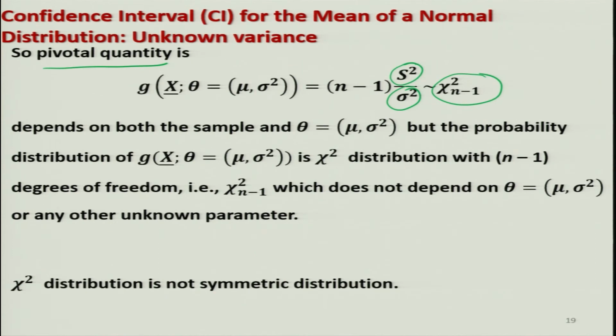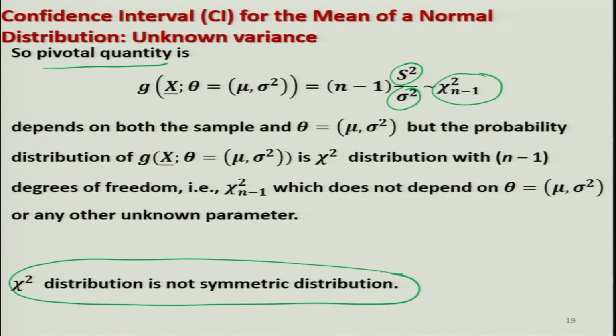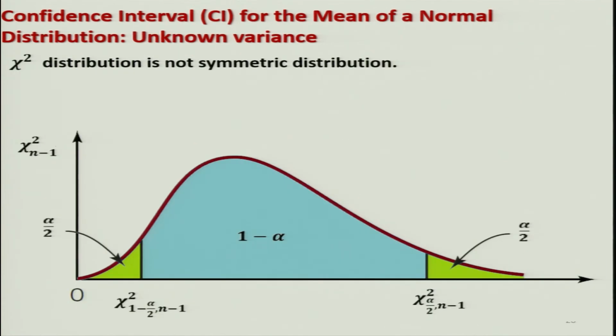Remember one thing: the chi-square distribution is not a symmetric distribution, so you cannot use plus minus z alpha by 2 or plus minus t alpha by 2 here. You have to be careful. It will look like this.